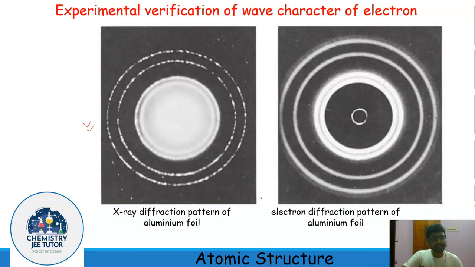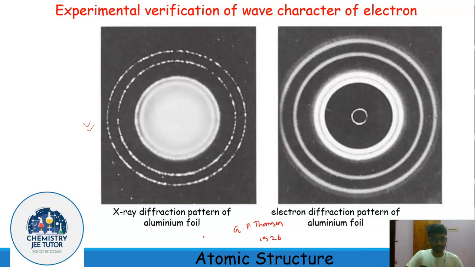Now, one of the interesting asides of this wave particle duality of the electron is that it was J.J. Thomson in 1895 who said that the electron is a subatomic particle, and who also calculated the charge to mass ratio of the electron by taking the electron as a particle. But it is G.P. Thomson in 1926 who showed for the first time that the electron can also show wave characteristics.